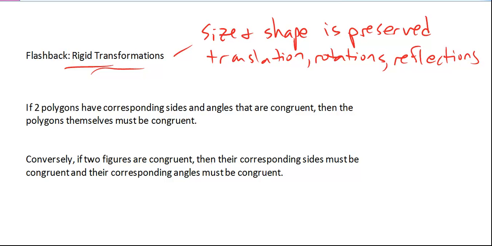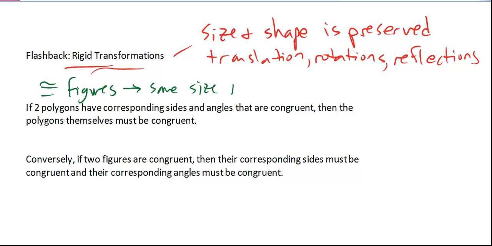Okay, so one way that we can define congruent figures, and surely by middle school you've talked about this, is that congruent figures mean same size and same shape, right?